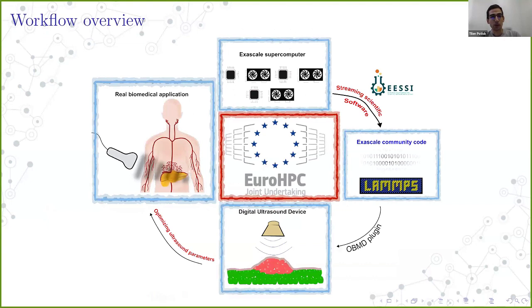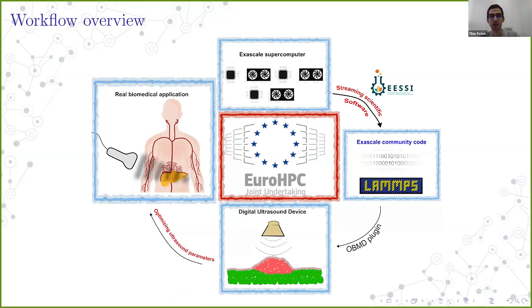So this is a general overview of a workflow that you would use in a real biomedical application. In EuroHPC, we have a lot of powerful resources in the form of supercomputers. And through the EESSI environment, you could stream the software that you want.